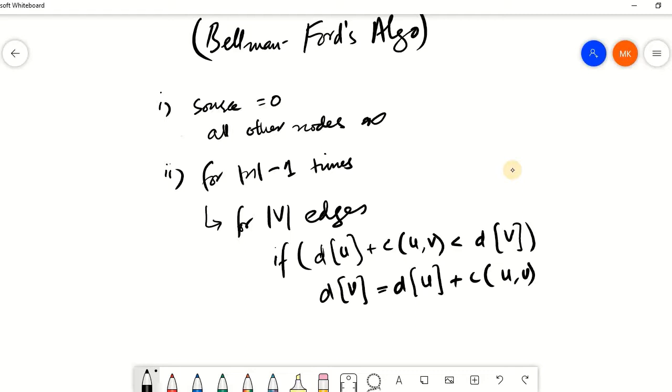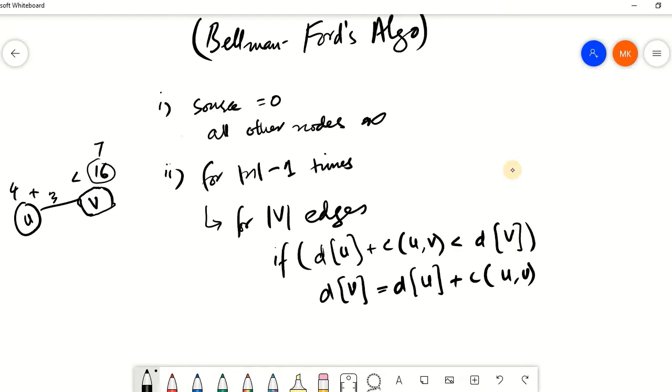It's like if we are currently at node u and it has got a cost of 4, while the previous cost that we have associated with a node v is 16 and the cost of this edge is 3. So since 4 plus 3 is less than 16, we are going to modify this cost value to 7, which is 4 plus 3.